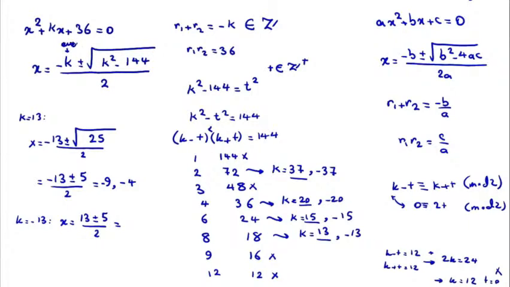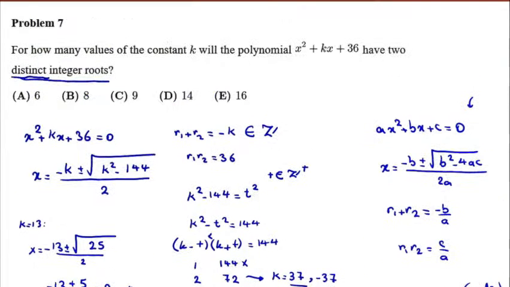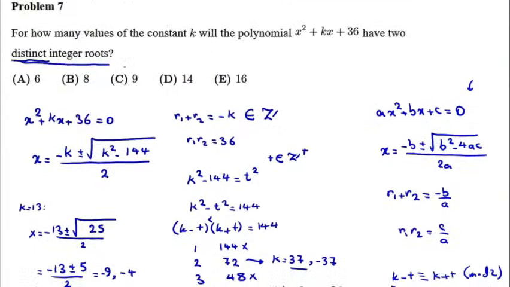If the first part is even, this part will be even, then negative even plus or minus even is also even, so it is not important. 13 plus 5, 18 over 2, 9, and 13 minus 5, 8 over 2, 4. Okay, so we will see 1, 2, 3, 4, 5, 6, 7, 8. 4 times 2, 8. There are 8 good answers for k.